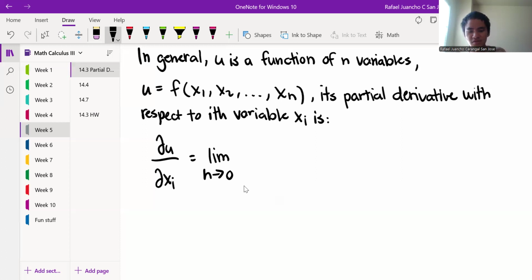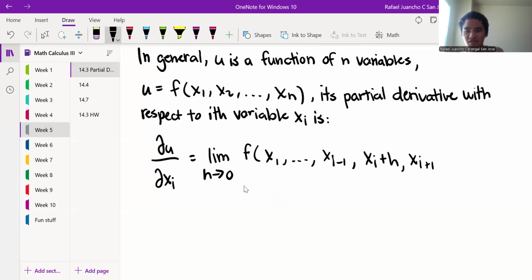And so this goes from f, my function, right? f of x1. Here we're assuming it's not x1, but again, I'm not sure. And let's say we have some middle interval here, xi minus 1, and then that current value xi plus h, right? Because this is the one we're changing.